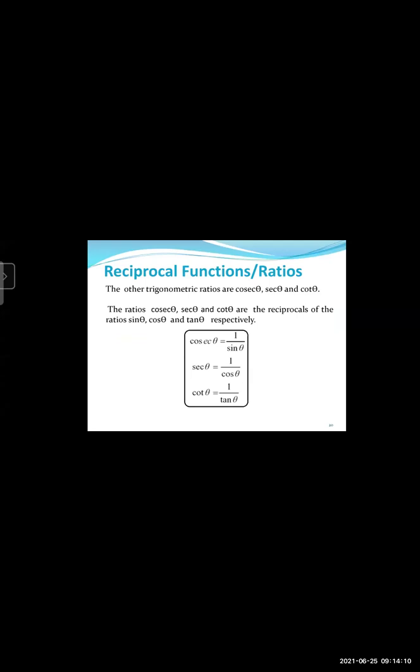Reciprocal functions mean the other trigonometric ratios: cosec, sec and cot. First we see sine, cos and tan, and their reciprocals are cosec, sec and cot. So cosec is the reciprocal of sine, sec is the reciprocal of cos, and cot is the reciprocal of tan.